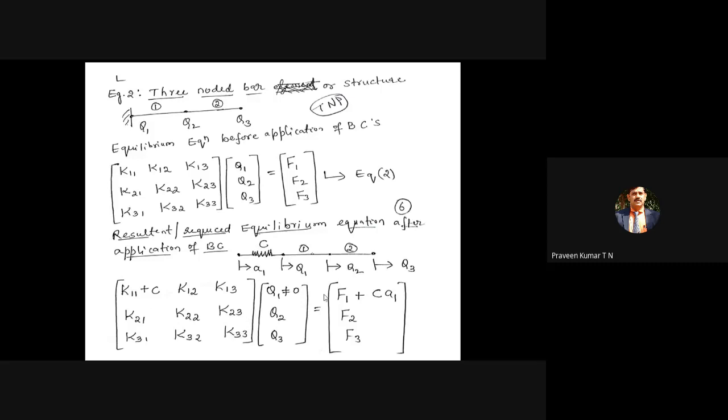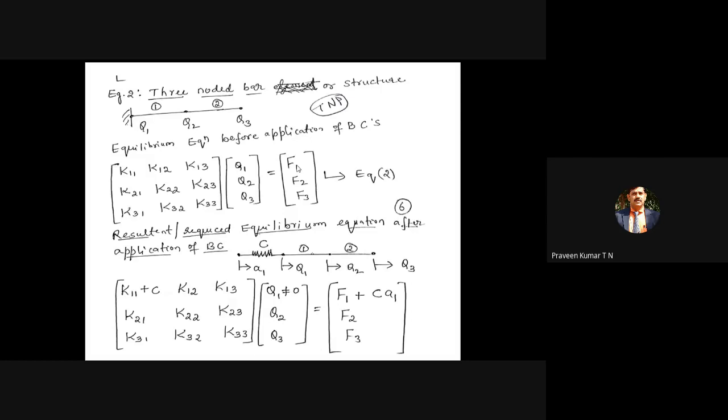Suppose you are applying the boundary condition at node 3, then you have to modify the stiffness value at the K33 location. In this problem, you are applying the boundary condition at node 1, hence you add additional stiffness C to node 1. Because of this additional spring, an additional reaction force is also generated at node 1. That's why you have to change the force vector. Once you apply this boundary condition at node 1, you have to update the first row of the force vector. That is normally referred to as updation.